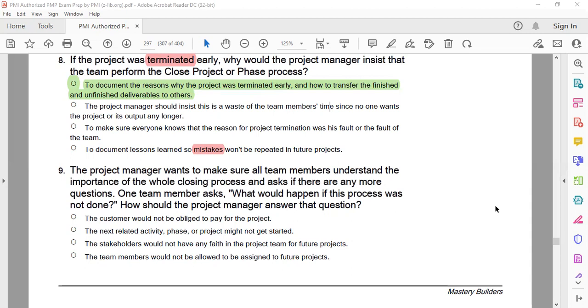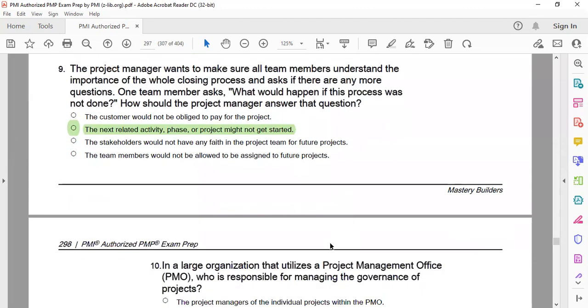Hari, yes. Naman, no. When it happens, the next phase cannot start. Yes, great. Very nice. The next activity, phase or project might not get started. The rest of the answers are totally irrelevant. They have no relation to the question in any way.